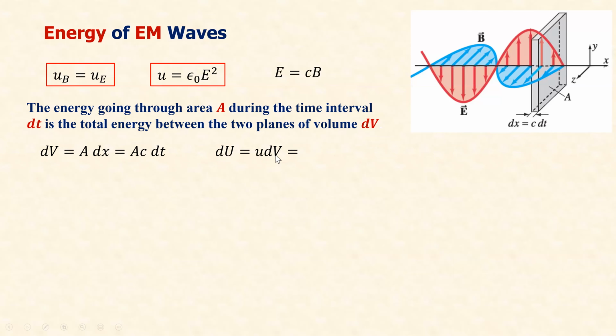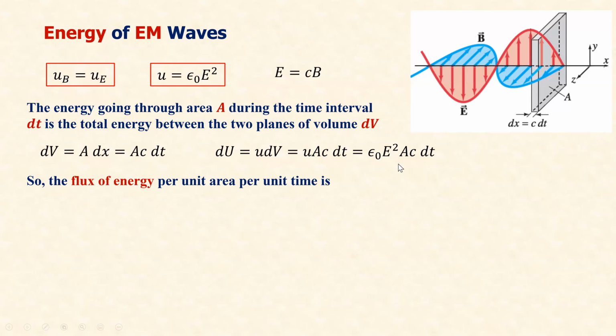And dv is written as dx times the area. We calculated it already. So du is u times that quantity. Or instead of u, we can write this quantity, epsilon naught E squared, A c dt.